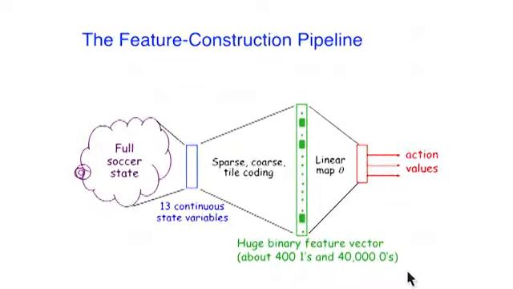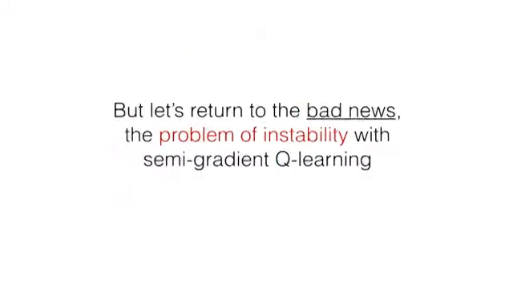All the rest are 0. And that means the computations we're going to do with it are really cheap. We're going to make a linear map from that feature vector to our actions. So it's all going to be linear. And this part is just constructing features that are going to be used by the learning algorithm to get our action values.